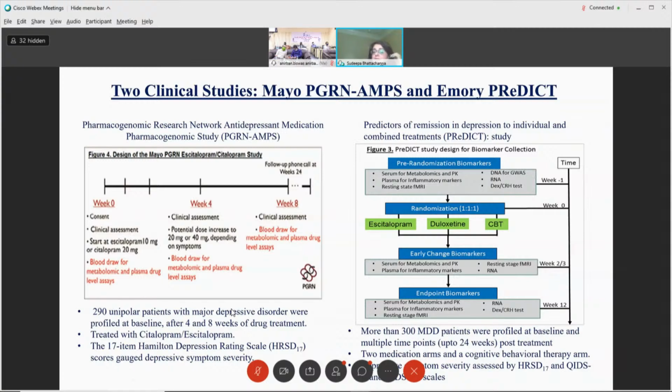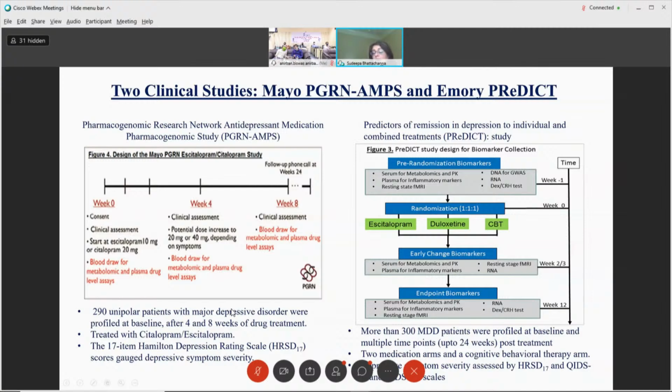Now, the Emory PReDICT cohort came from the PReDICT clinical trial. It consisted of 3 arms: 2 drug arms, citalopram and duloxetine, which are antidepressants, and then CBT, cognitive behavioral therapy, which is a drug-free arm.